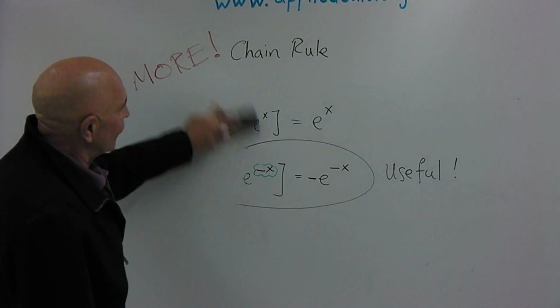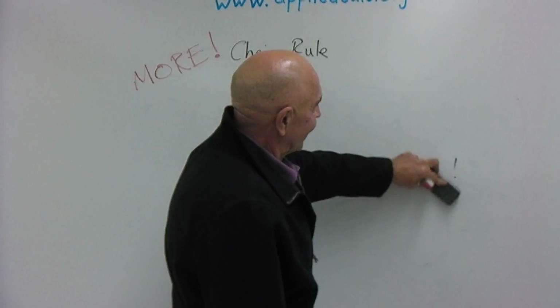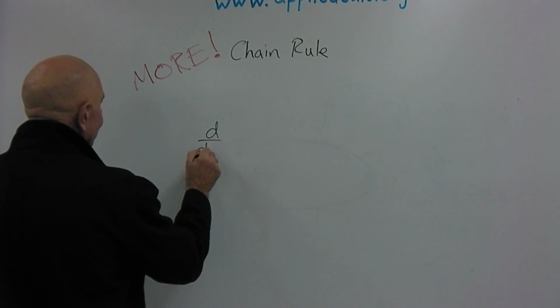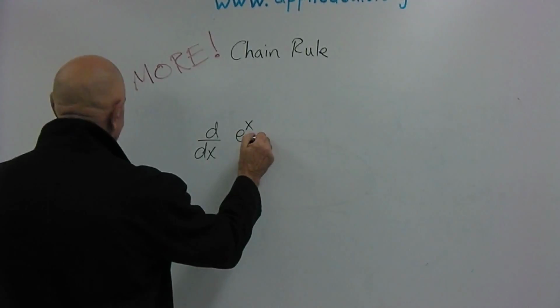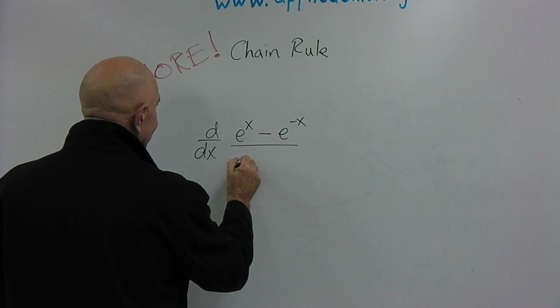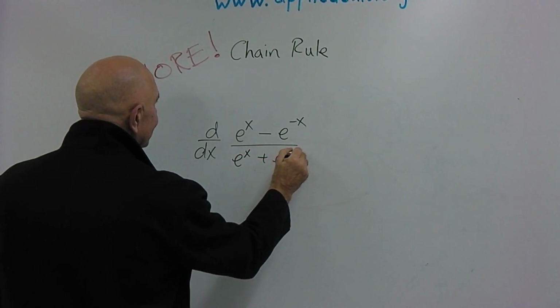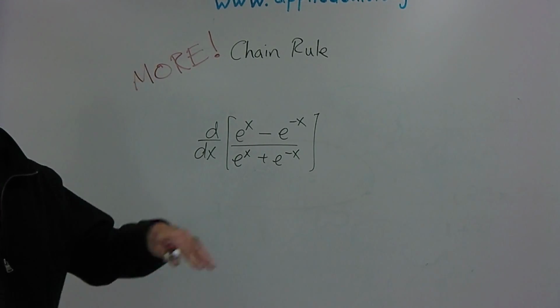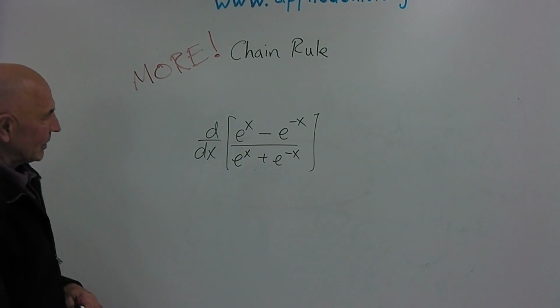So let's continue with a complicated example. Lots of e to the x's, e to the negative x's, all mixed together. Not very nice.